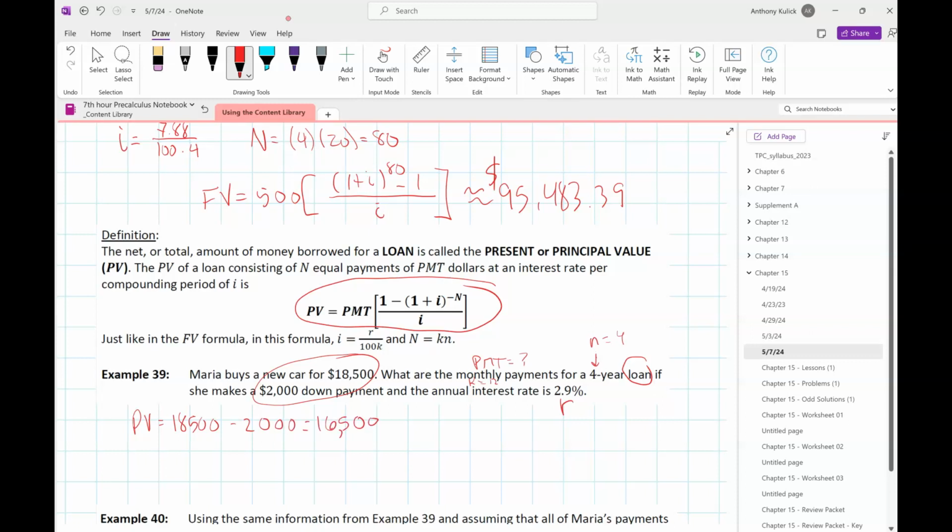Right? So when we say a down payment, what that means is you walked into the car dealership with a $2,000 check or something. You gave that to them up front, and then you had to borrow the remaining $16,500. Everybody's okay with how we came up with that?